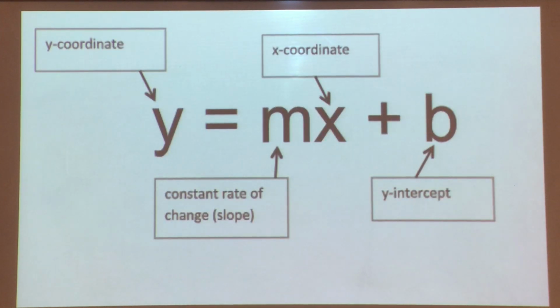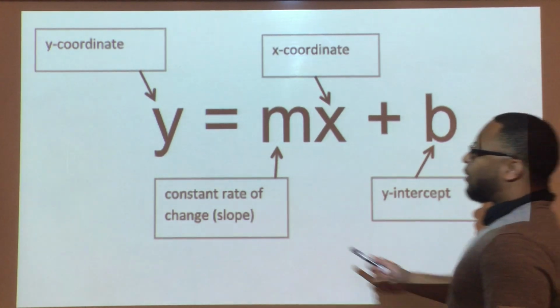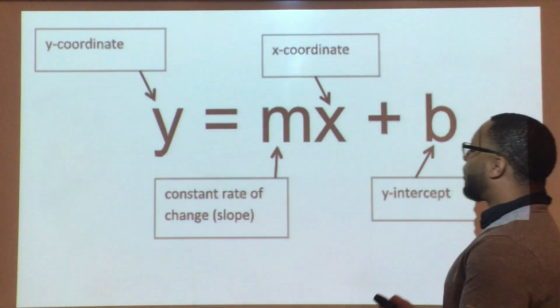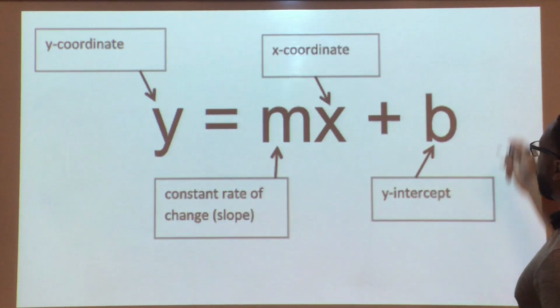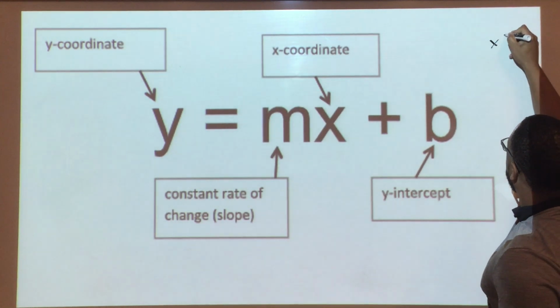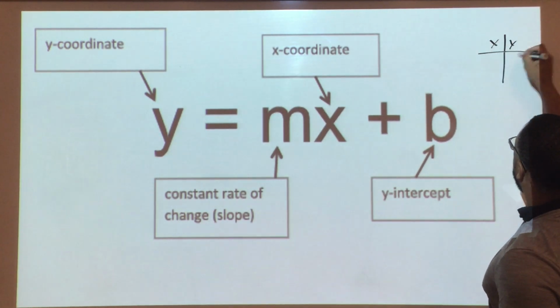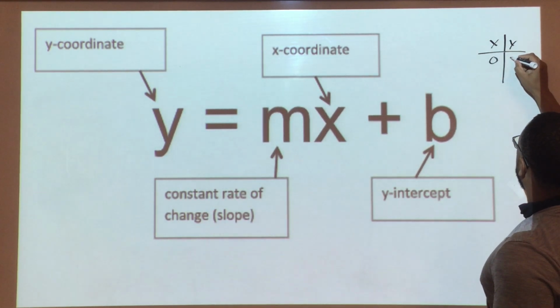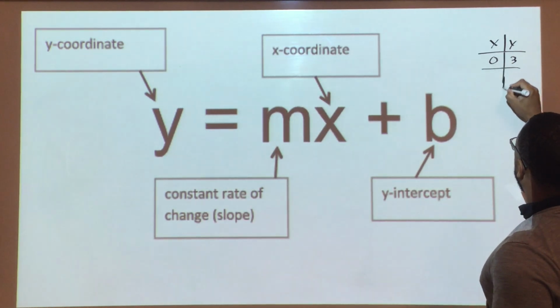So when you look at this equation form, y equals mx plus b, you need to know y and x, they're already given to you. So if you think about a table like this one here, x and y, I'm just making up some numbers right now, so y'all just work with me.